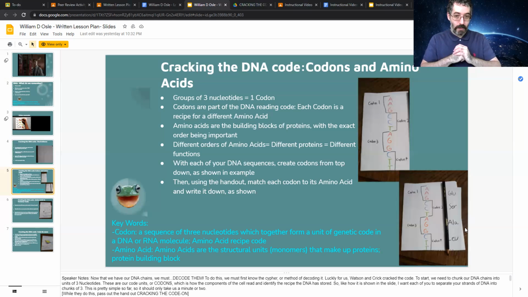Very good. At the bottom of your journal page or the paper you're using, please create a section called vocab. There, I want you to put down our 4 big terms for today: DNA, nucleotides, codons, and amino acids.